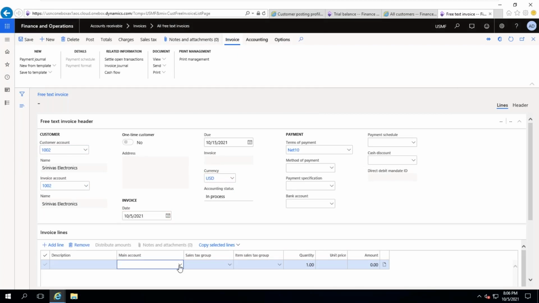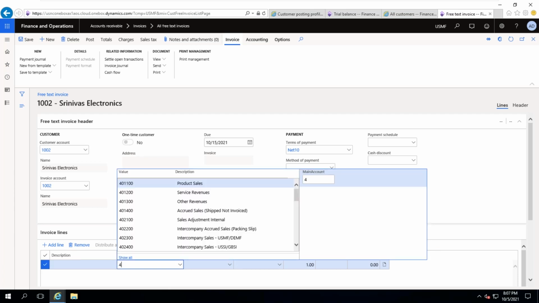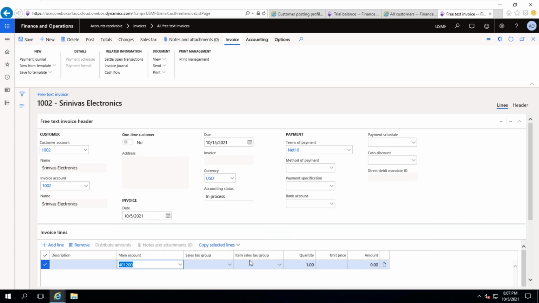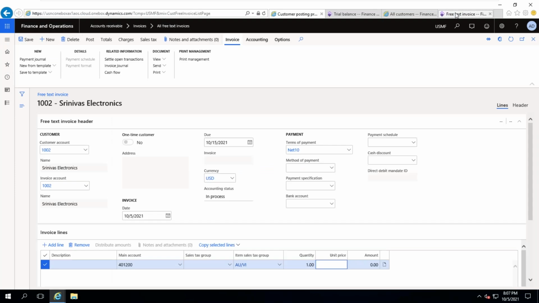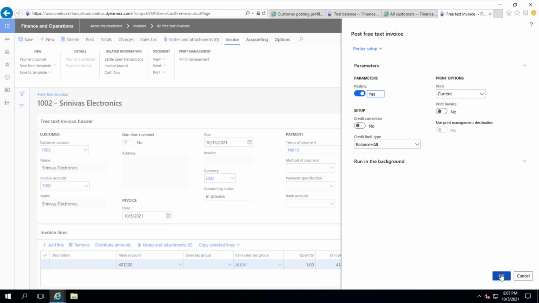Now I'm selecting the account, some revenue account. Click tab. Now 41.24 I'm entering. 41.24 I have entered. Now I'm posting. Click OK.